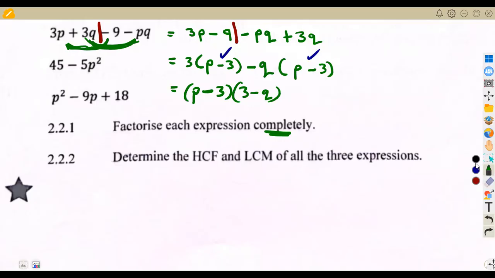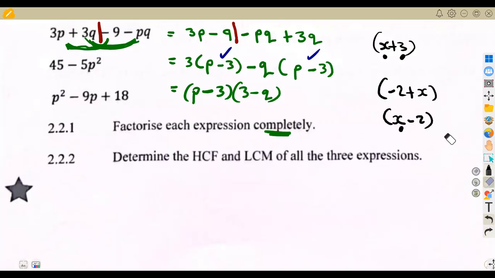If you are writing x plus 3 like this, it means you are starting with a variable followed by a constant, and another term is given as minus 2 plus x. You can just rearrange this to be written as x minus 2 because you want to write it in a way that you understand, seeing x on the first term because it's a variable.